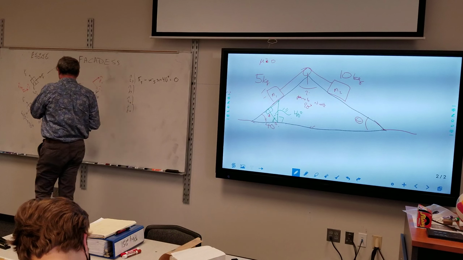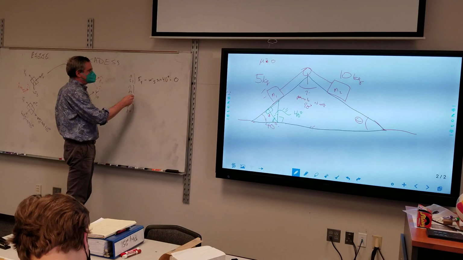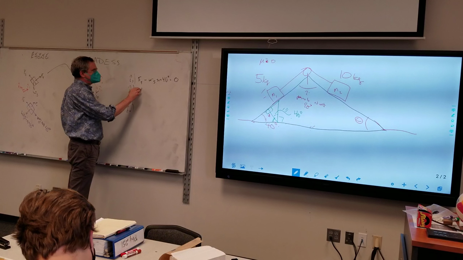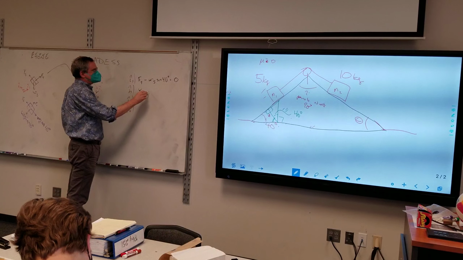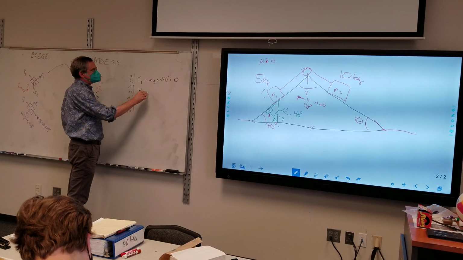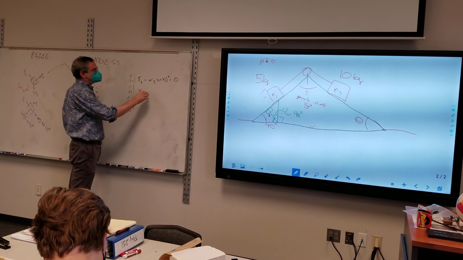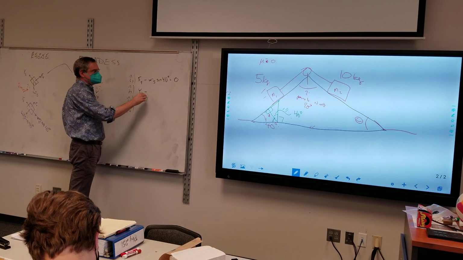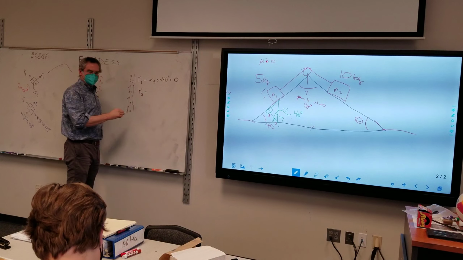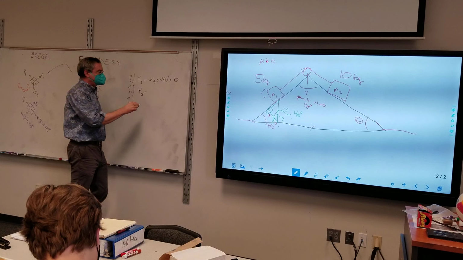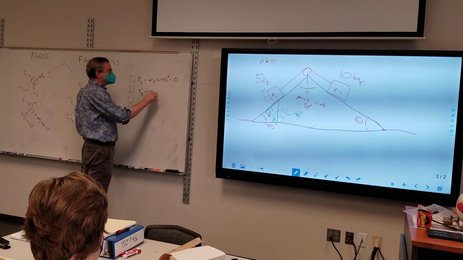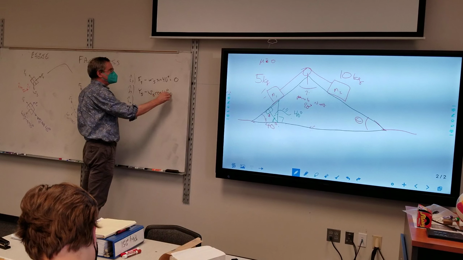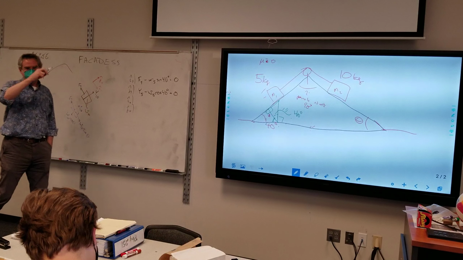And then for the J5 equation, it's the normal force of 5 minus, or sorry, plus, no, minus the weight 5 cosine 40 equals 0. Confusing myself. Because we're in equilibrium, acceleration is 0.